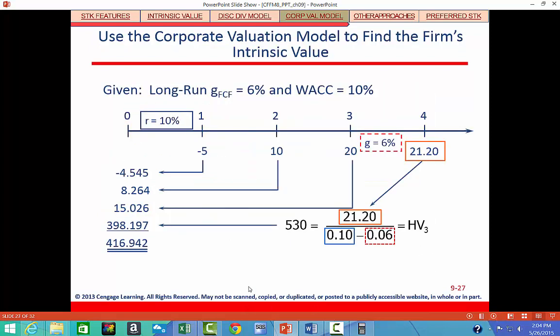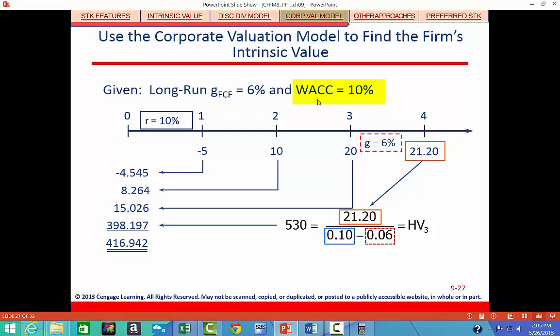And so here's an example. It looks like what we were doing before. The only difference is the -5, 10, and 20 are all free cash flows for the firm. So they already gave those to you. You didn't have to use that longer equation that we saw a couple of slides ago. And remember, since these are free cash flows, we're not using R, the required rate of return for a stock.